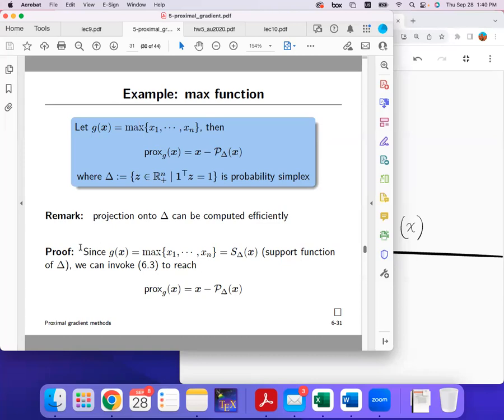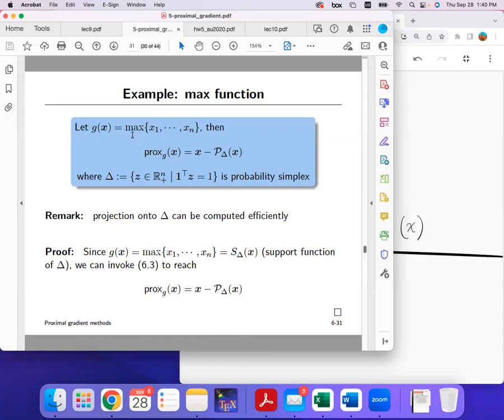And this is proved by observing that such a g function is simply the support function associated with the probability simplex. With this result, the proximal of g is the proximal of this support function, which is given by x minus the projection onto this simplex set.